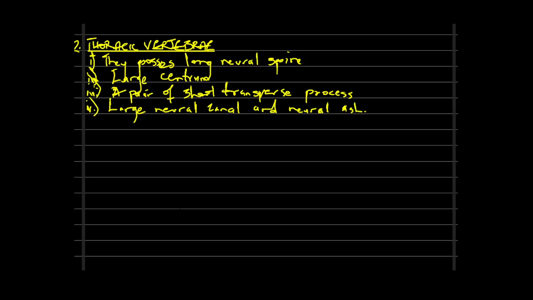Now, I need us to understand that it is the thoracic vertebrae that articulates with the ribs.